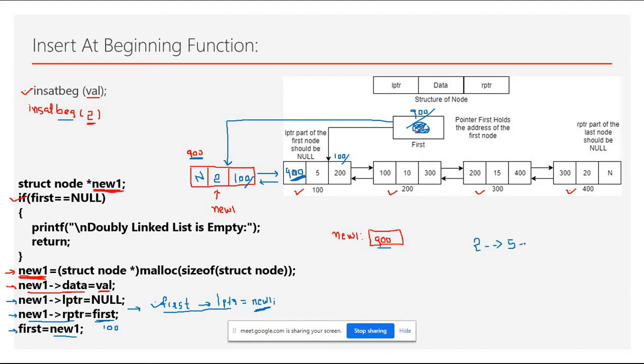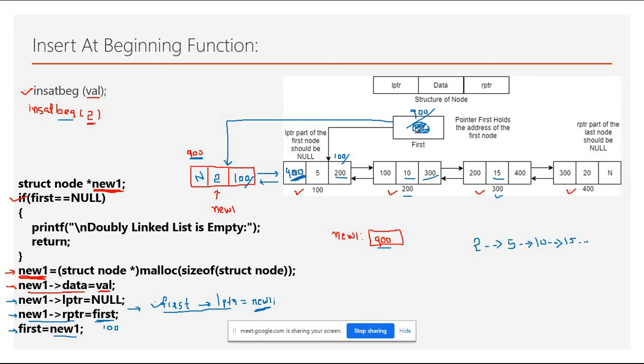Then again we refer to the RPTR of this node, so it is 200, we move to 200, and from 200 we can recover 10. Then again we ask what is the next address. The next address is 300, so we move to 300 and then we can recover 15.